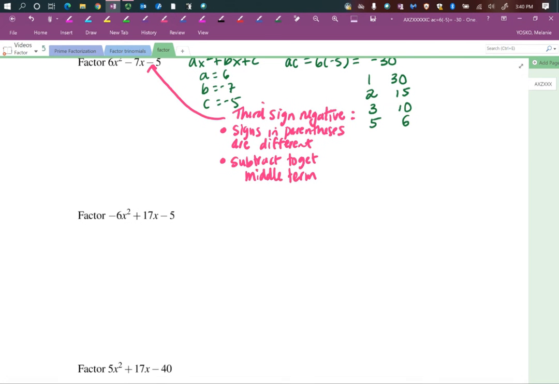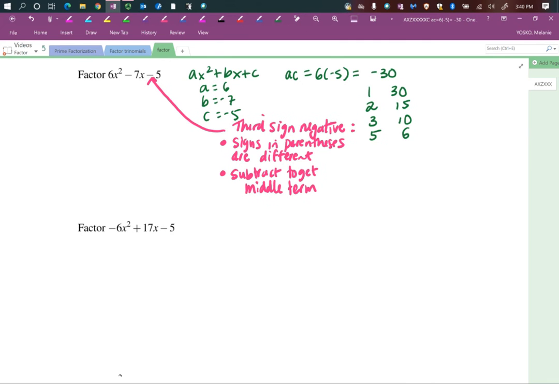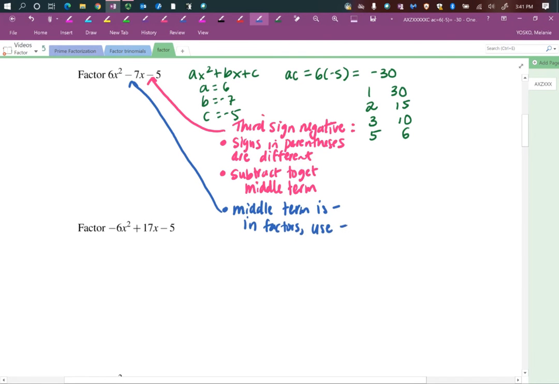So signs are going to be different because we had a minus, so that's where the minus 30, this minus. If you look, the middle term is also negative. So that means in our factors, we're going to use a negative for the bigger number. Okay, so negative for the bigger number. We're going to use a positive for the smaller numbers. And then we're going to combine them.